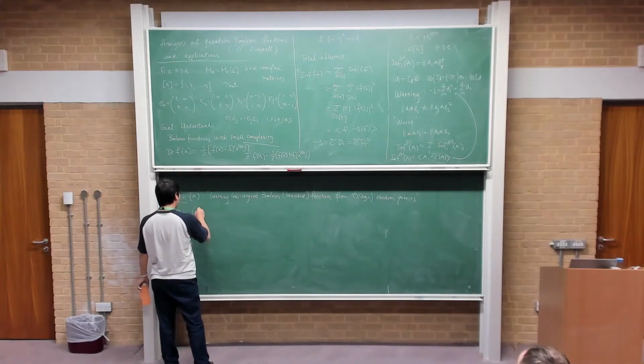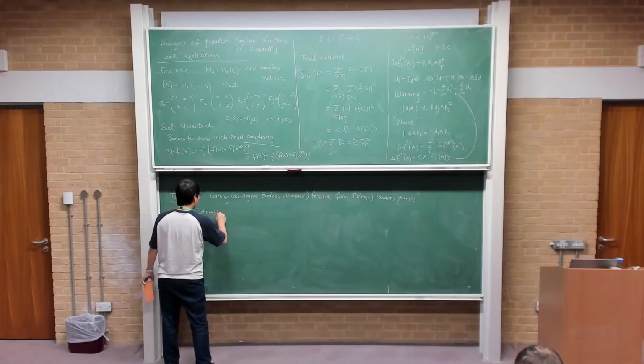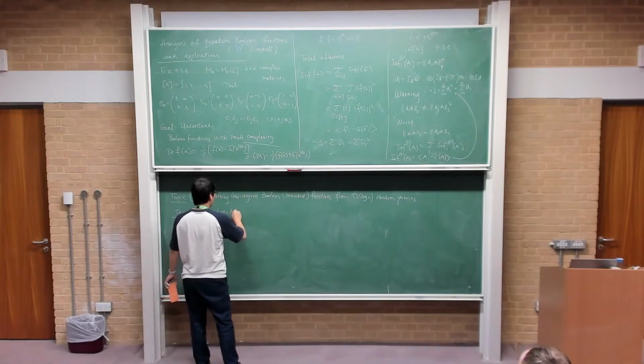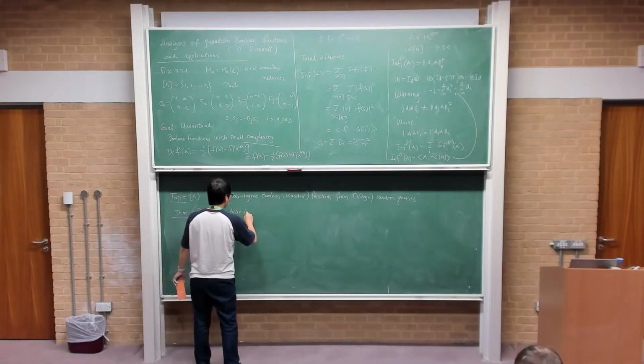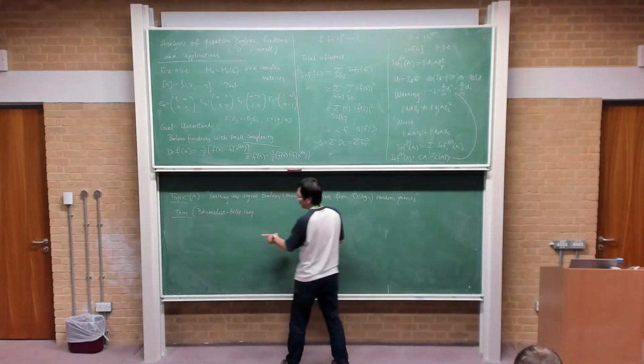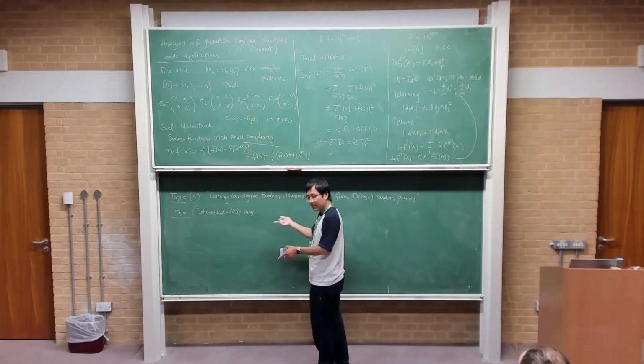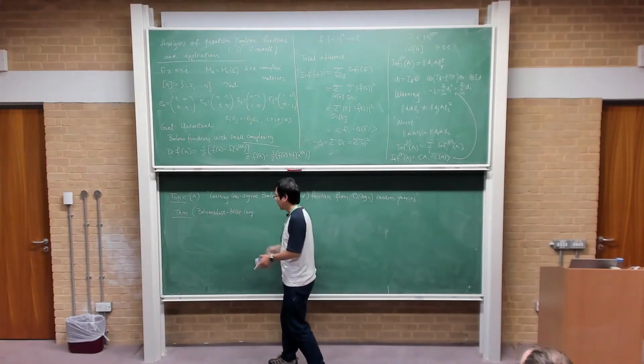usually named after Bohnenblust and Hille, the inequality. But their original inequality is for the circle group, an abelian group, instead of the discrete hypercube here.